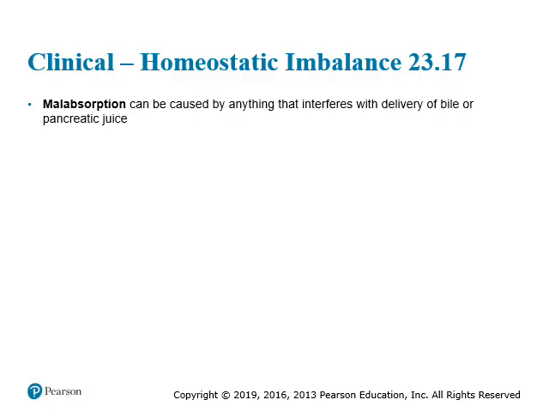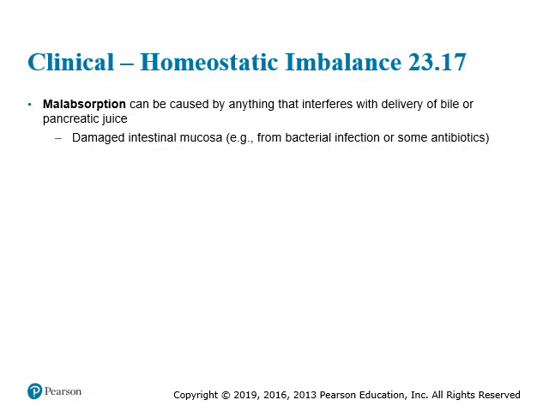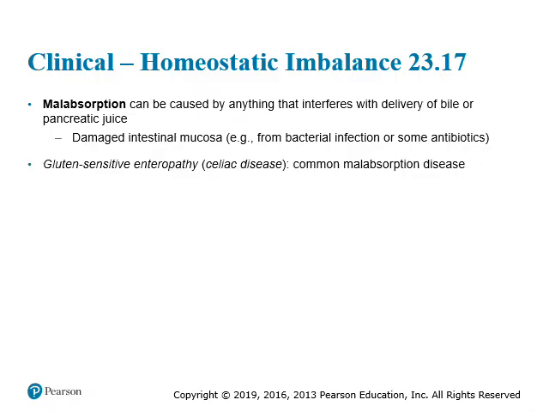Now, malabsorption, or not absorbing nutrients, is caused by anything that interferes with the delivery of bile or pancreatic juice. For instance, a damaged intestinal mucosa, probably because of bacterial infection or some antibiotics, or maybe even chemotherapy.